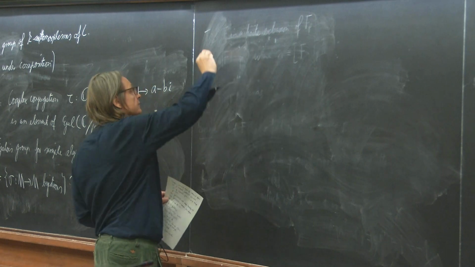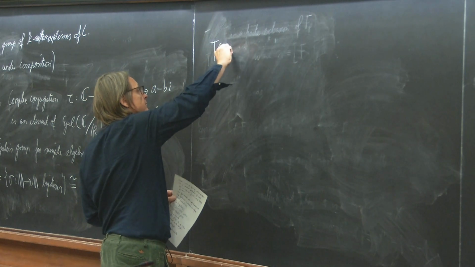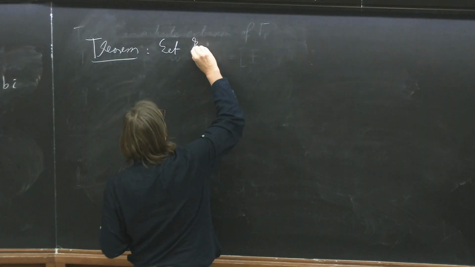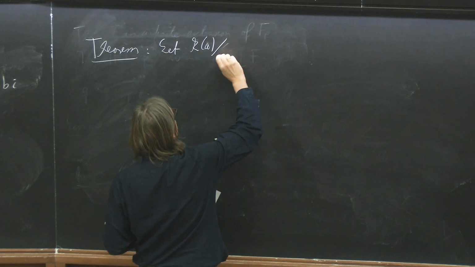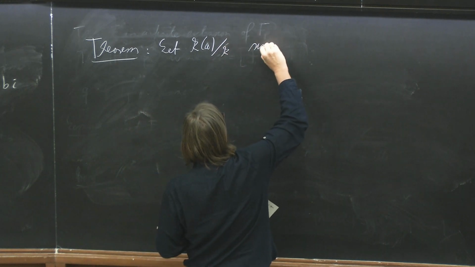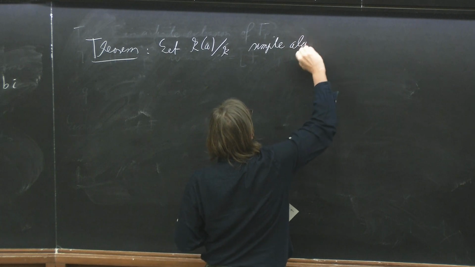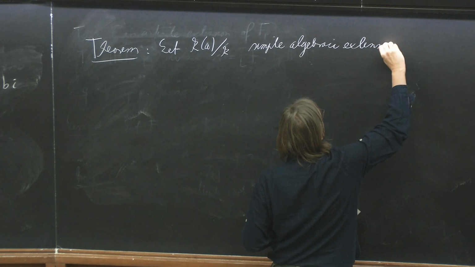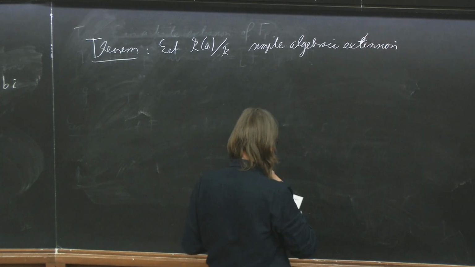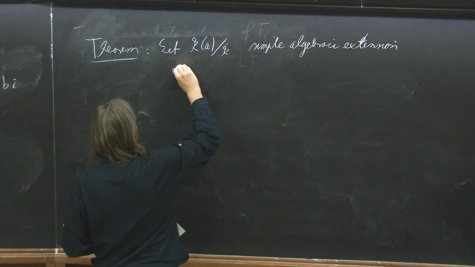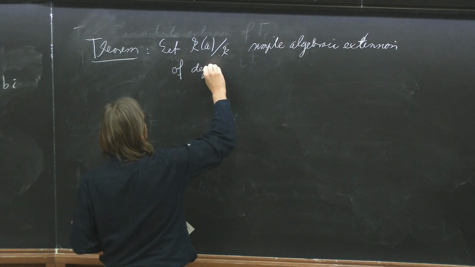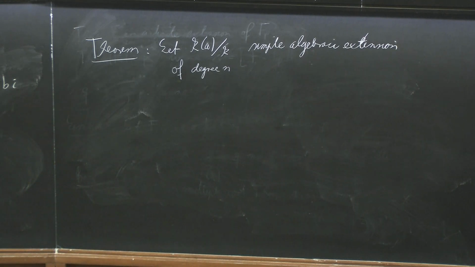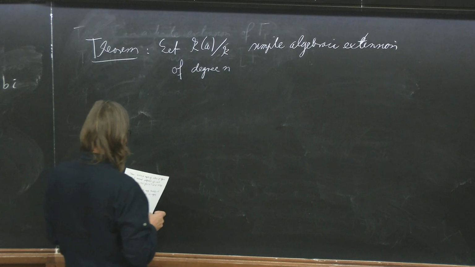So, theorem: let K(a) over K be a simple algebraic extension, say of degree n. So the degree of the finite extension is n, which is also the same as saying that the degree of the minimal polynomial of a is n.